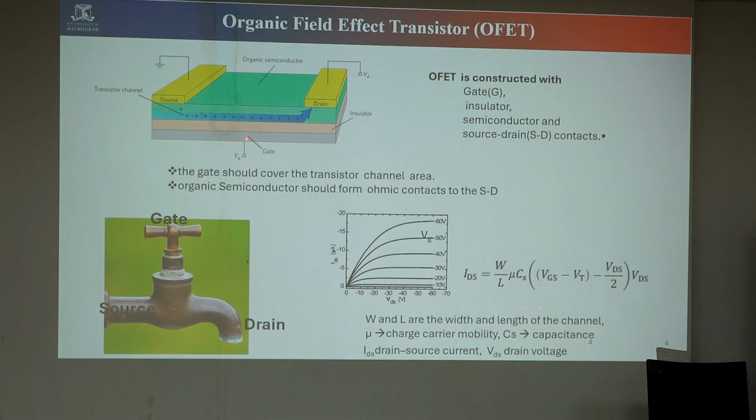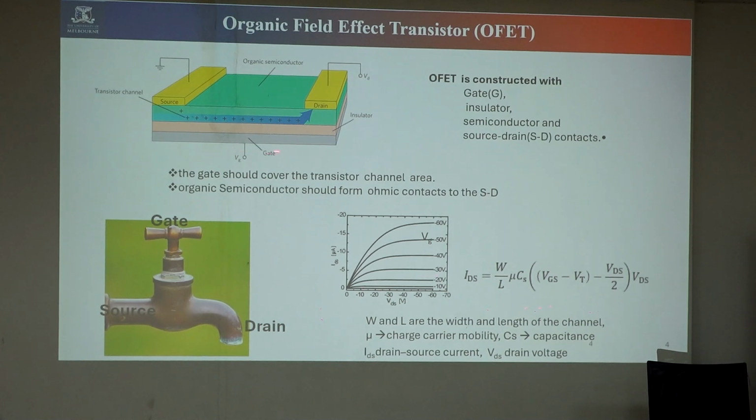When you apply this gate voltage, it creates a conducting channel between source and drain, so the conductivity increases according to how much field you create. Think of tap water: you control the flow by adjusting the knob. If you open completely, you get a high flow; if you open less, it flows less. A similar analogy can be used to understand the OFET.